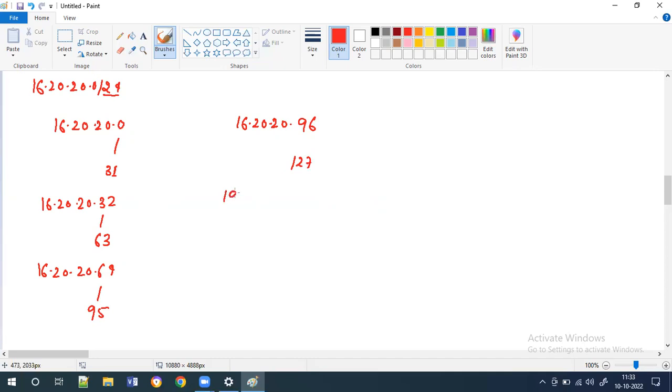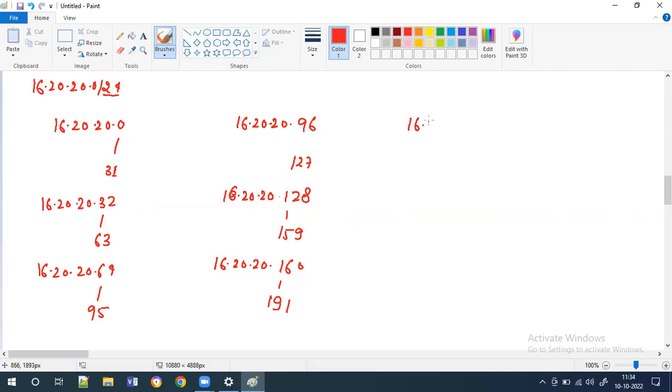Then 16.20.20.128 till 159. Then 16.20.20.160 till 191.